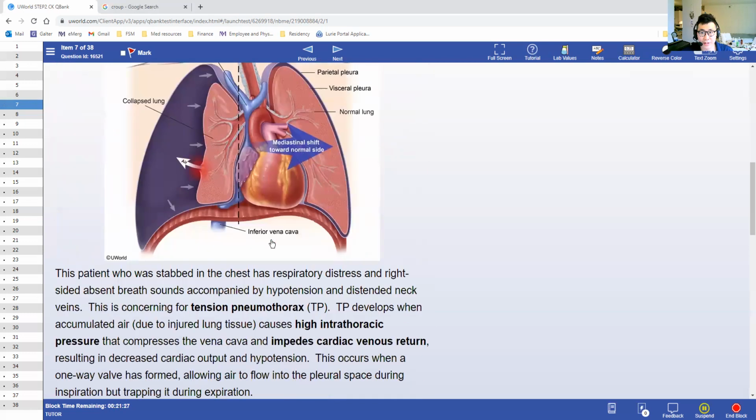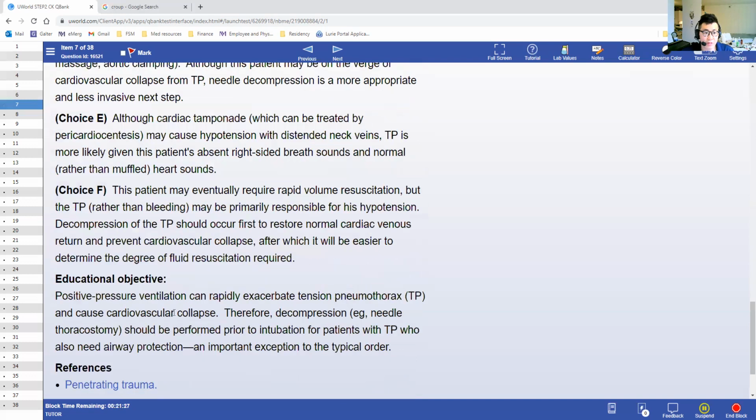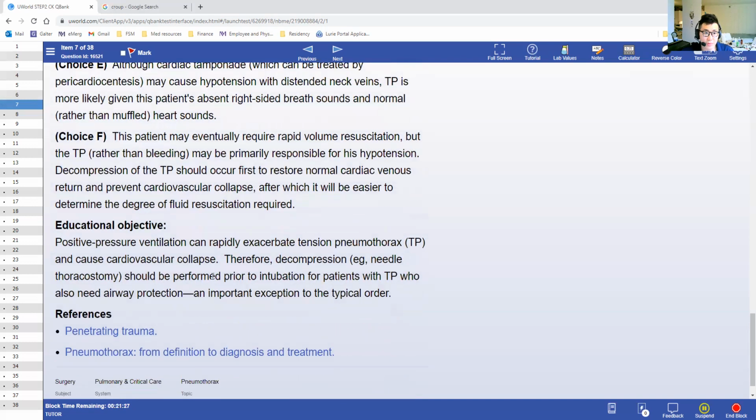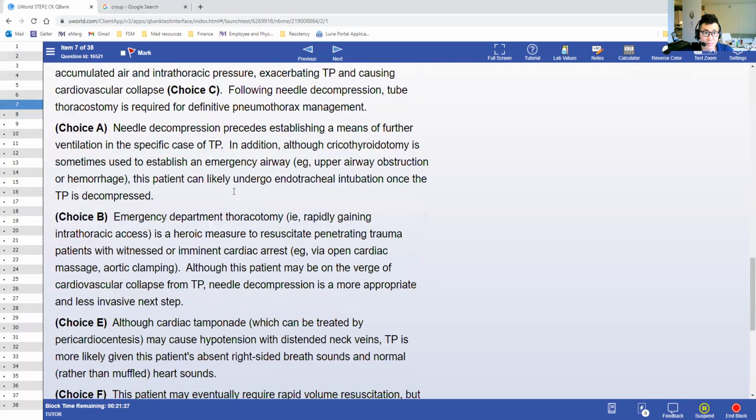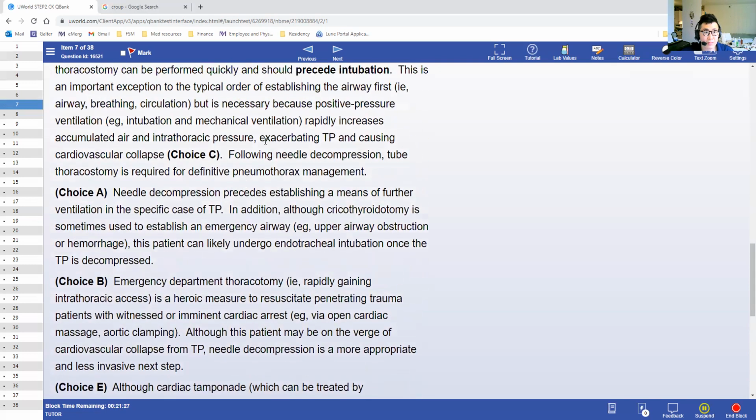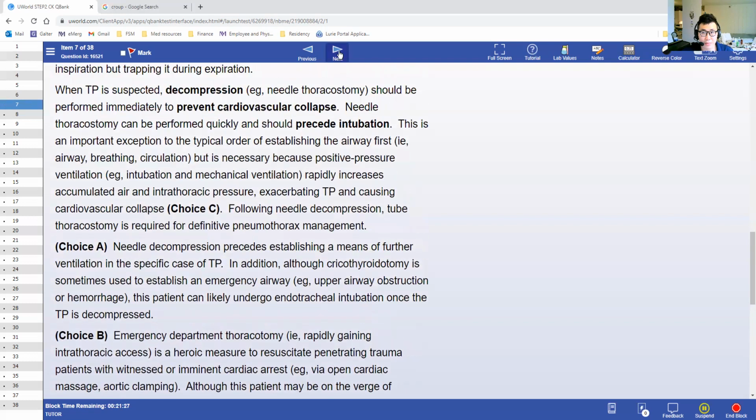Now, airway, breathing, circulation. However, this is one of the few exceptions to that. Decompression needs to be performed prior to intubation. If you intubate, there's going to be additional buildup of pressure inside that intrathoracic space, and it's going to be even worse.